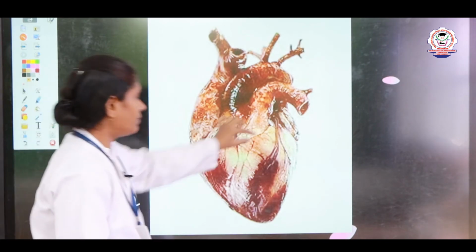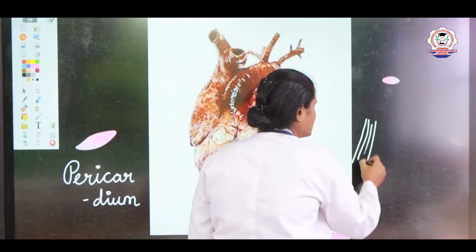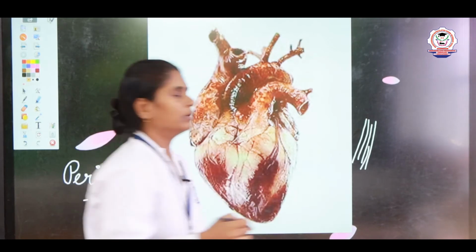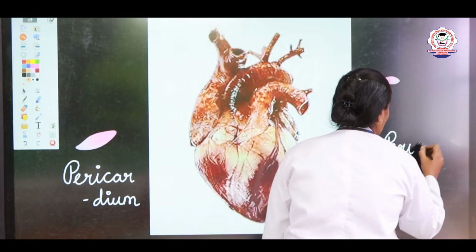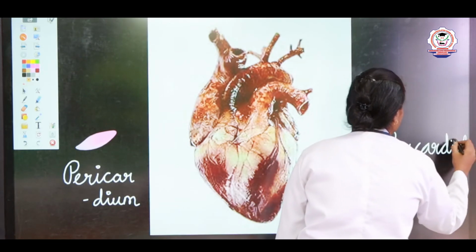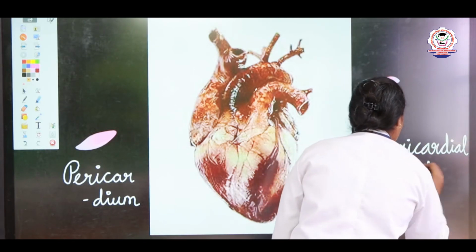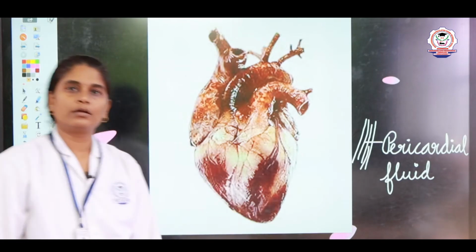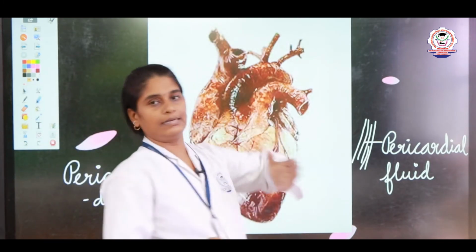In between the pericardium and the heart, the space is filled with fluid known as pericardial fluid. Clear? So now you know the external structure of the heart. Right. Now, let's see the internal structure of it.